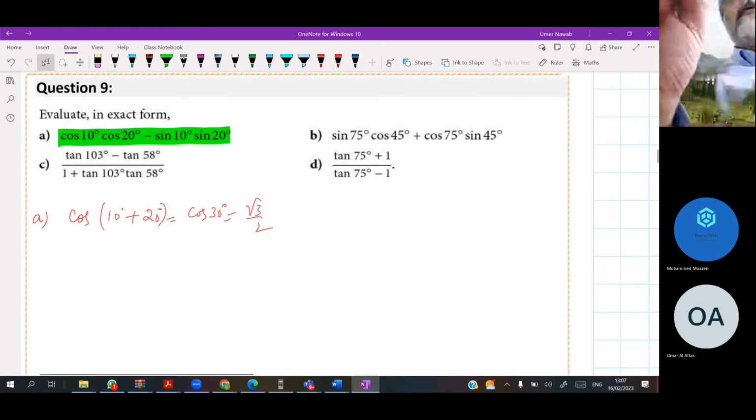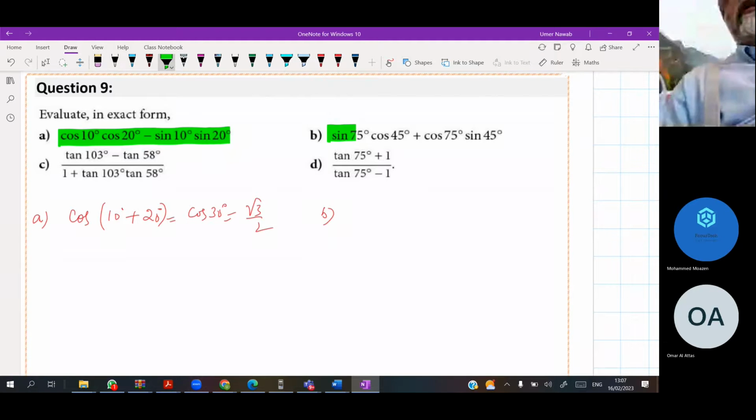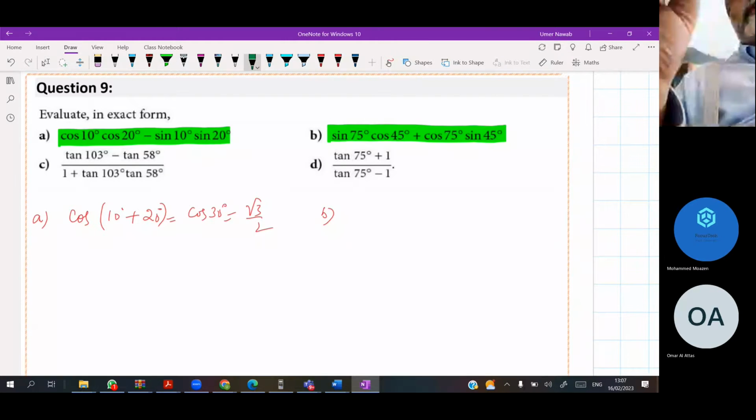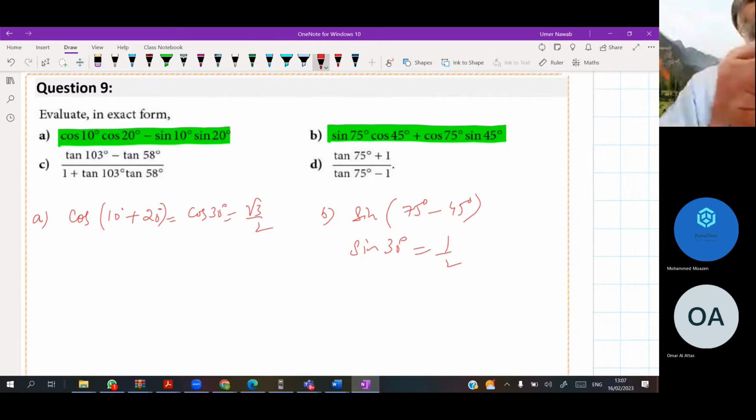If you want to see the B part, it looks like again a compound angle identity, which is equal to sine of A minus B, that is 75 minus 45. So it turns into sine of 30 degrees, which is equal to half.